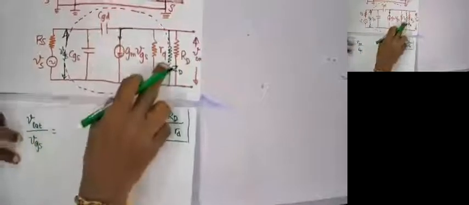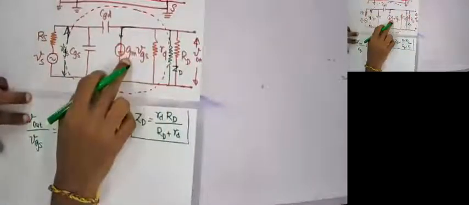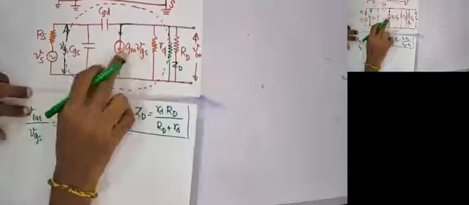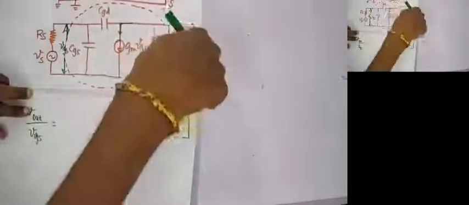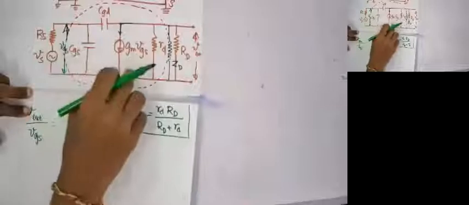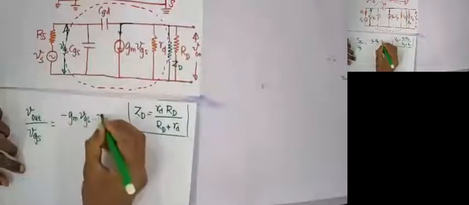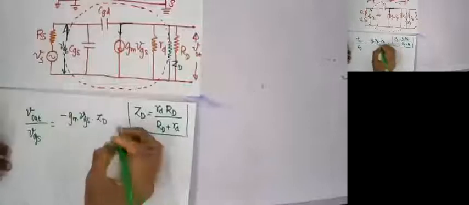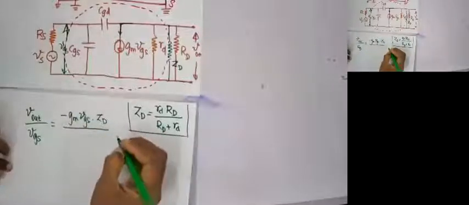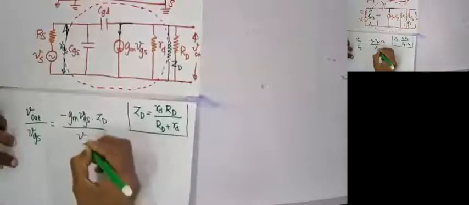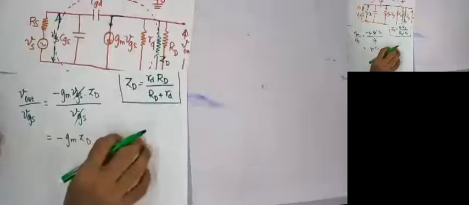V out will be minus GM into VGS into ZD, since the current is going in the opposite direction. So my gain will be minus GM into ZD.